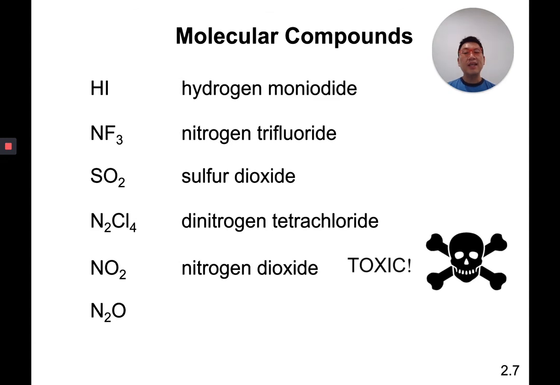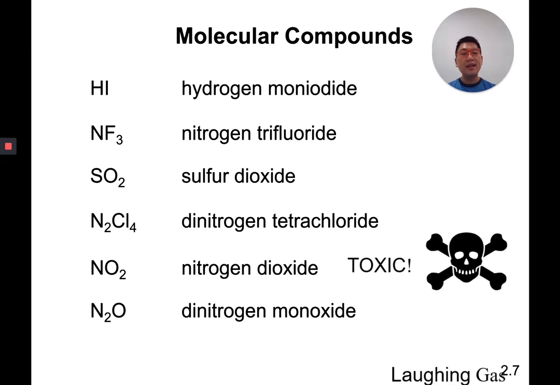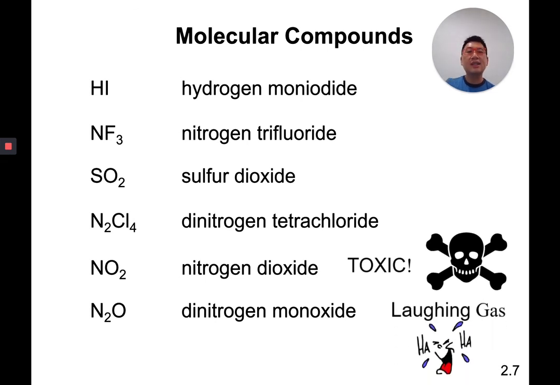But if it was N2O, that's 2 nitrogens, dinitrogen monoxide. You have to say there's 1 oxygen. Dinitrogen monoxide. If you breathe that in, that's laughing gas. It's also used to help calm people down at a dentist's office. So if you're at a dentist's office and you ask, because you forgot chemistry, you said, I feel nervous, give me some nitrogen dioxide.